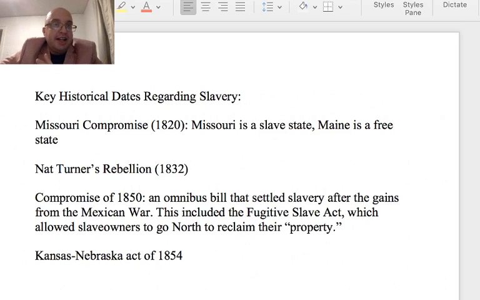His mind changed over the next couple of years, but just as a point of interest, Lincoln did not start the war out thinking slavery had to be outlawed per se. But he wasn't exactly completely friendly to slavery. So a lot of the slave states said, hey, if this guy gets elected, we're going to secede from the Union. And of course, it happened.